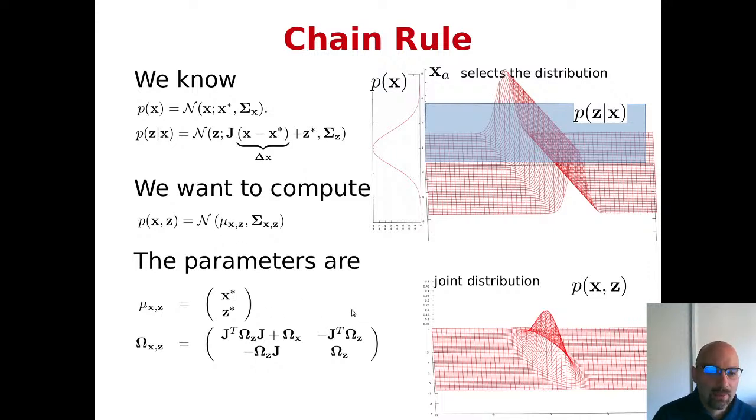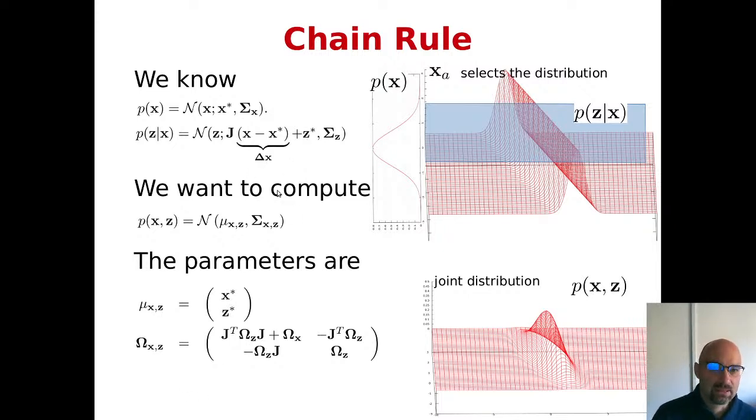Now, applying the plain formulas on Gaussians, we obtain that the mean is equal to the stack of the state and the measurements evaluated at the optimum, because delta x is 0.